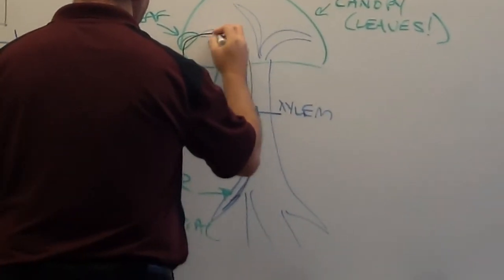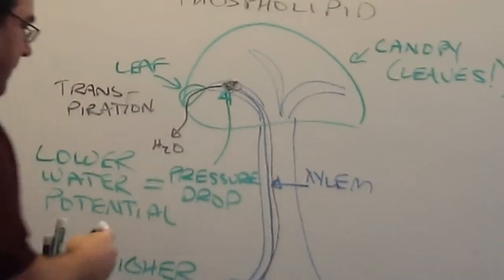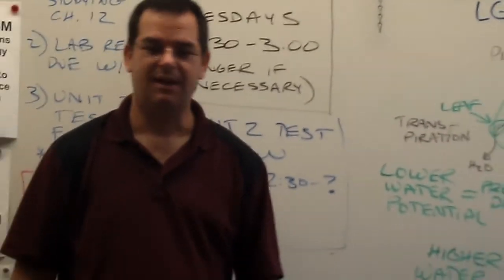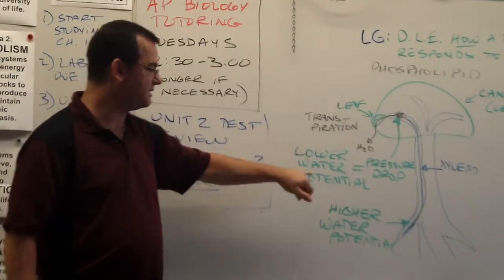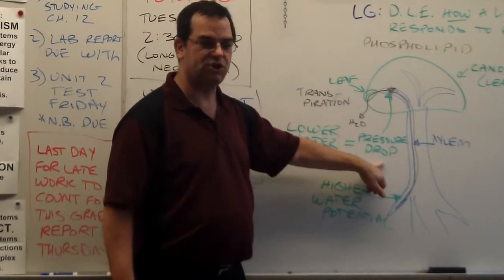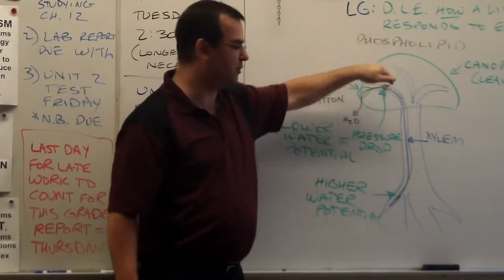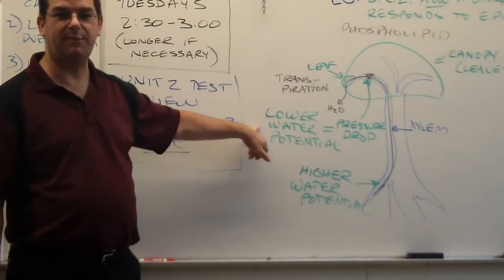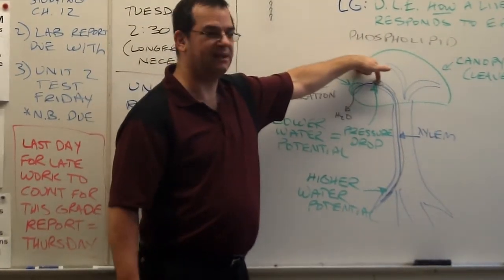It only flows in one direction. To put this in sentence form, as a plant releases water by transpiration, the pressure in its leaf xylem will go down. This lowers the water potential in the leaf xylem.